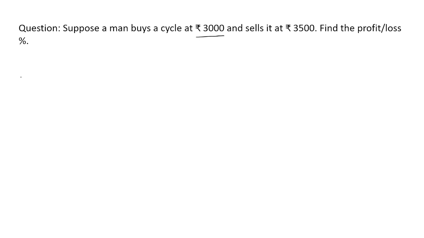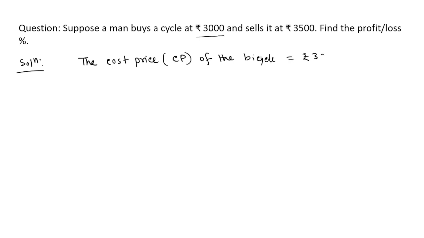So, the solution is like this. We have to get the cost price and the selling price, and the cost price is given as rupees 3000. So, we can say the CP, or the cost price, of the cycle is rupees 3000.